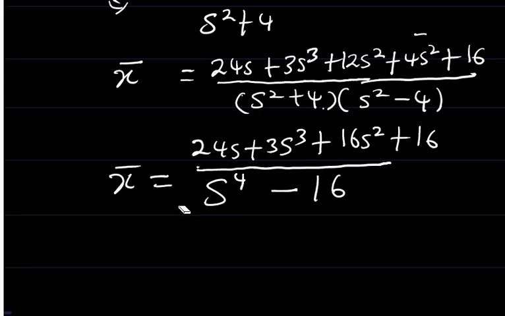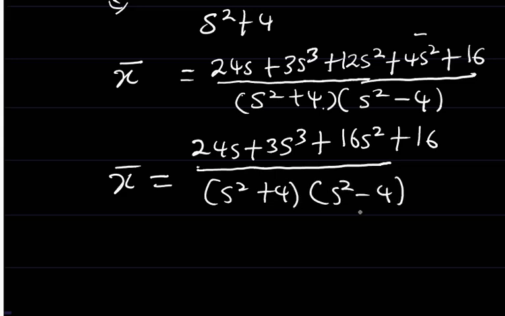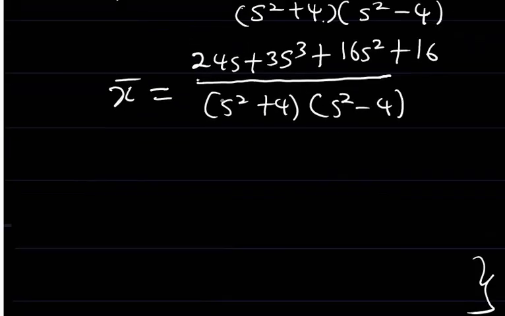Is that necessary? No, not necessary. Let me still write it the way it is. All I need to do is find the inverse Laplace transform of both sides of the equation.